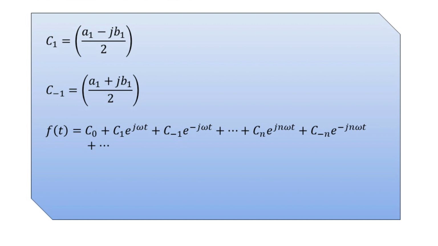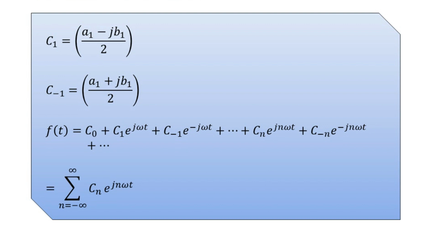Finally we can also have the simplified representation: f of t is equal to the summation for n equal to minus infinity to plus infinity of capital C suffix n into e to the power jn omega t.